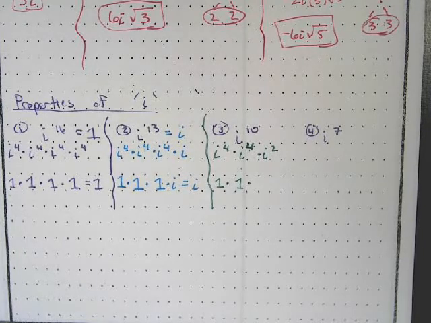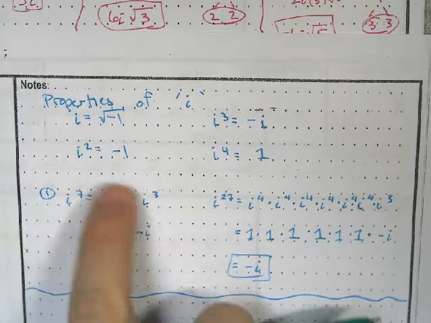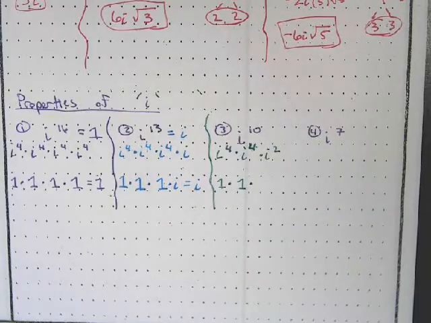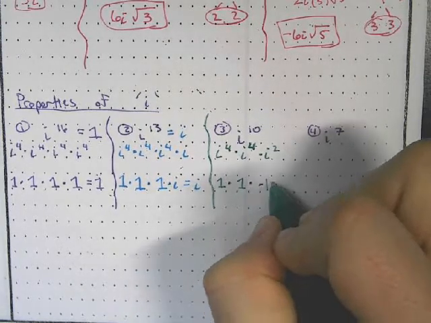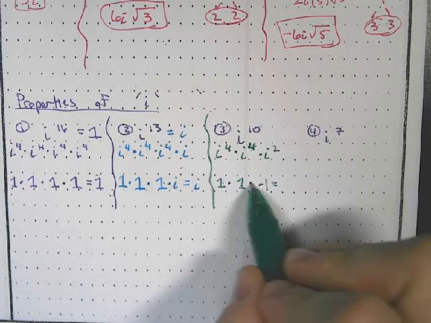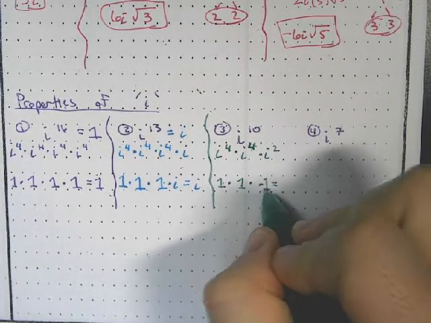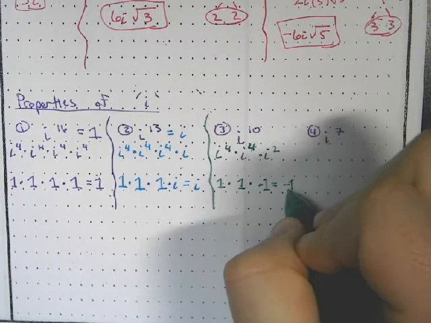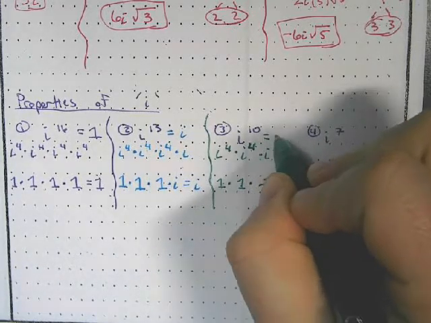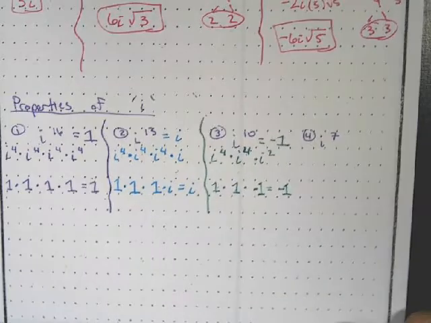Let's go back to my notes. i squared was negative 1. So 1 times 1 times negative 1 is negative 1. So i to the 10th equals negative 1.